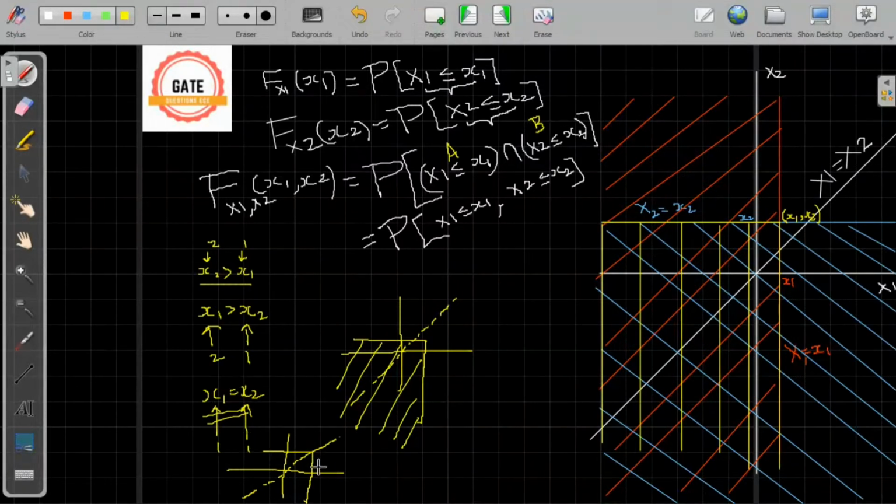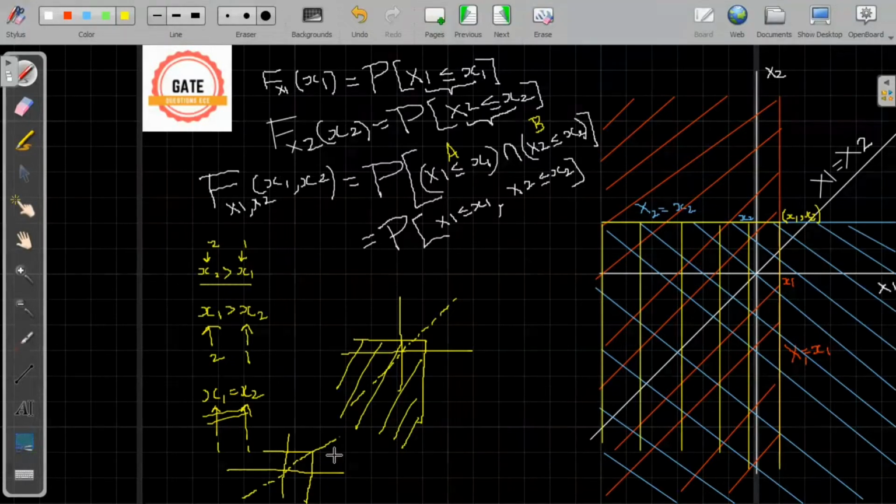Suppose it is (1, 1), so this point will be (1, 1). If it is 2, this corner will lie at (2, 2). So depending upon the value, this corner can lie anywhere on this line. But one thing is certain, in this case this corner will always lie on this line.